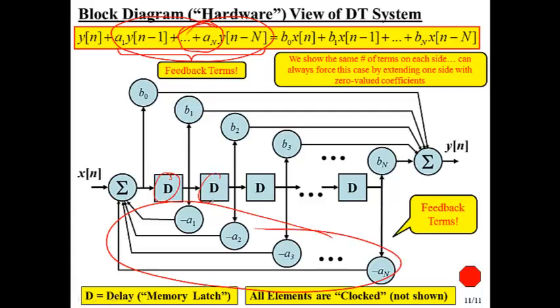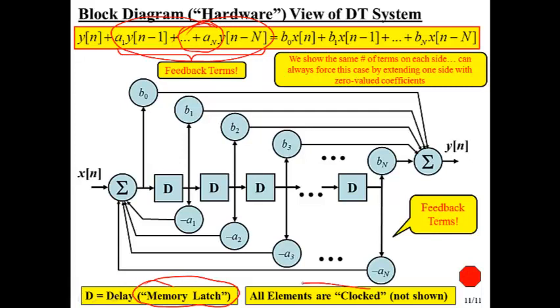Now, the D's here is supposed to indicate a delay, but really it's just like a memory latch. So what's happening is at each clock, and all these elements are clocked, so each time we get a clock pulse, data moves through the system. So we have a value stored here, so we apply something here and it gets latched in. Then on the next clock cycle, that moves over into here, and the next value from here moves in.